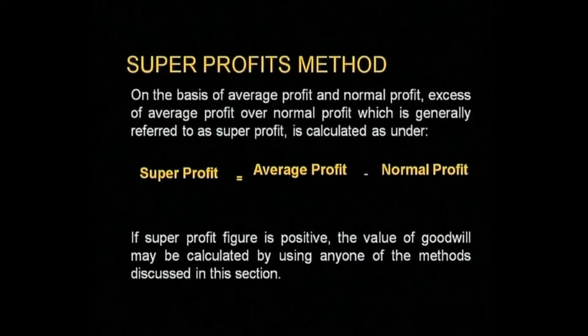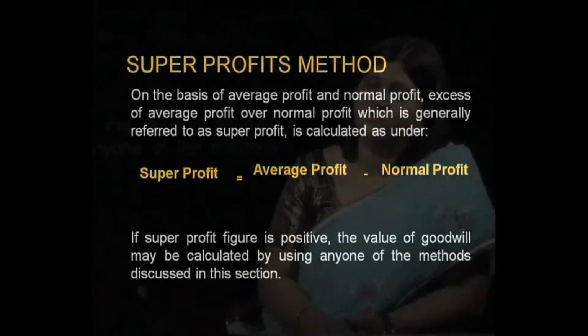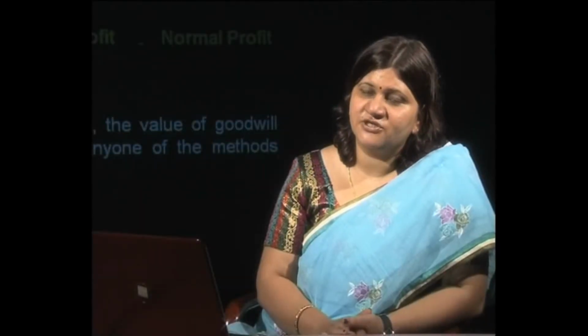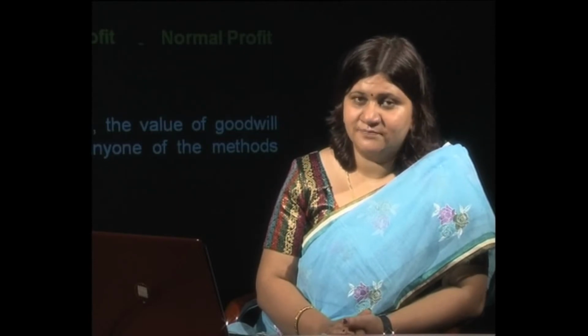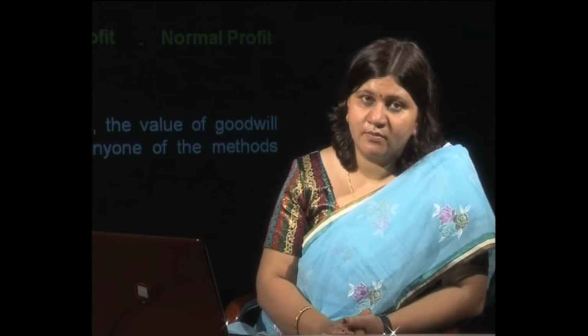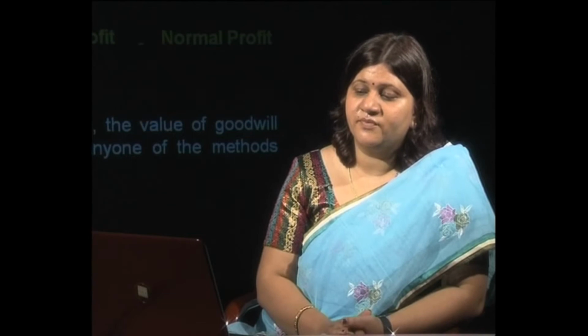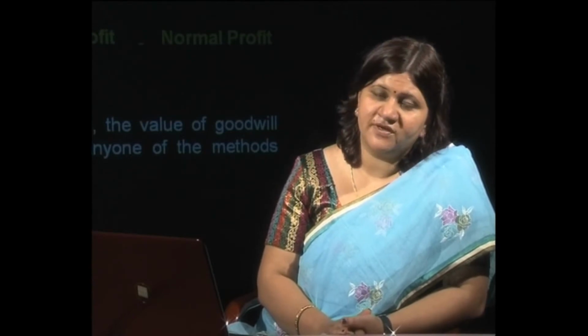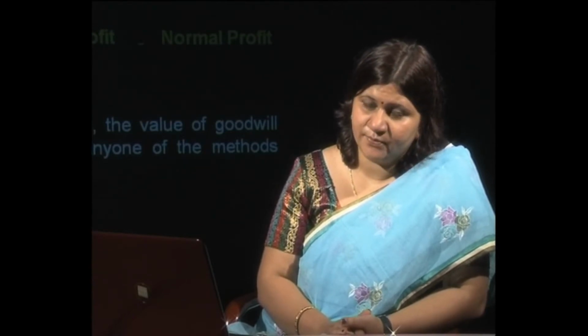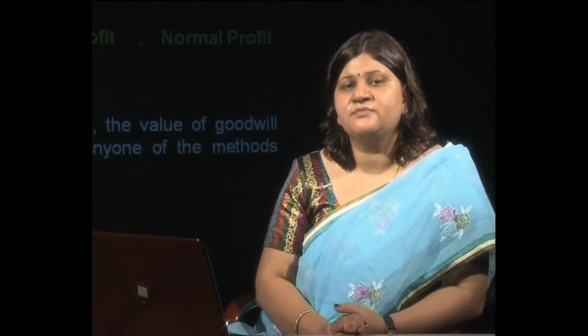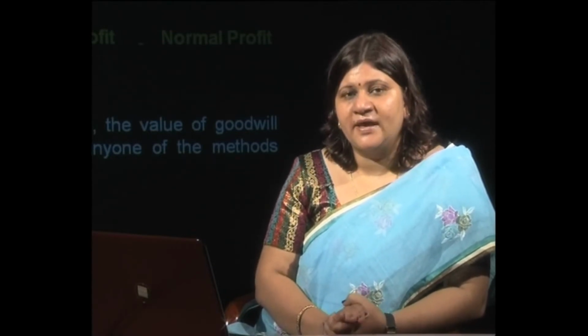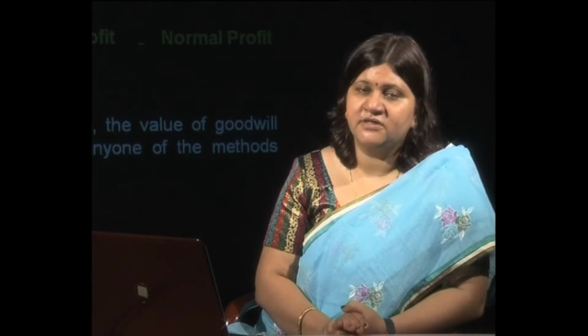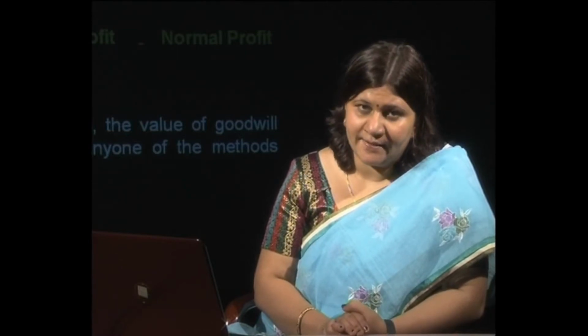We have discussed the calculation of normal profit, which is one of the important features of valuation of goodwill, in our previous lecture. So, we will use that normal profit and subtract it from average profits so that we can ascertain the super profit. Normal profit is computed when we apply the normal rate of return to the average capital employed.